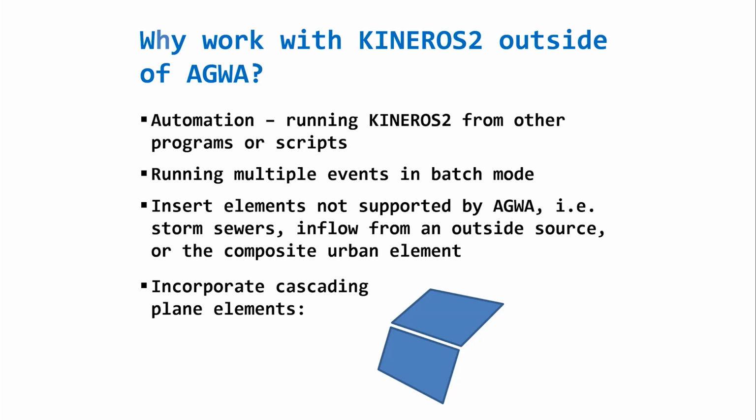And then we want to also potentially insert elements not supported by AGWA. That might be storm sewers, inflow via an injection element, or a composite urban element. And the common one is incorporating cascading overland flow or plane elements. Again, we had one graduate student try to look at the characteristics of the topography and the land cover to say, well, should we really break this into a separate element and have two elements instead of one?